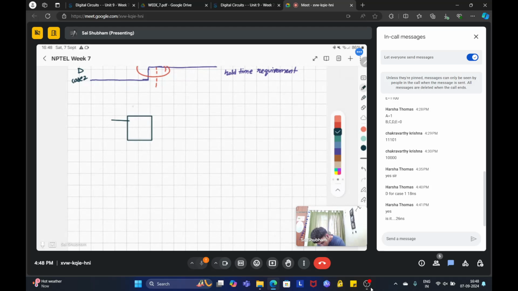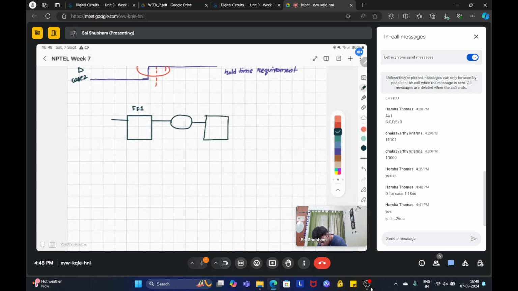Okay. This is flop 1. There is some combinational logic that has delay. This is flop 2. There is clock. There is also some delay over here. This is the main clock. There is another delay.